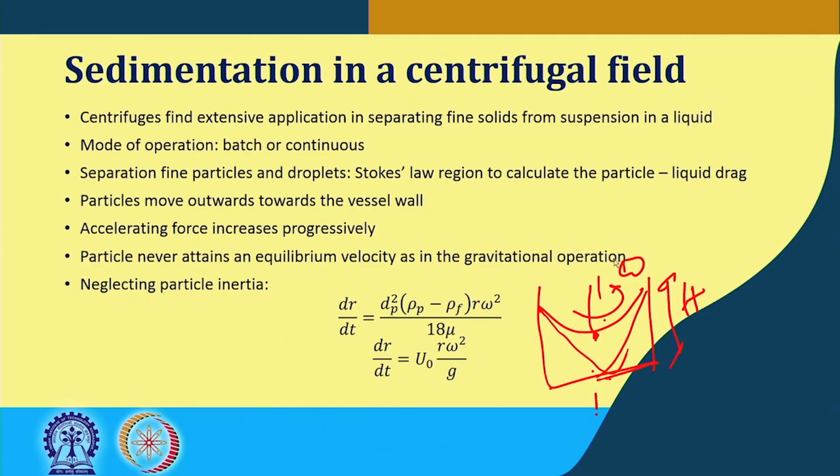So, what happens? The particles are then moved towards this vessel wall. The accelerating force increases progressively and particle never attains an equilibrium velocity, as that happens in case of gravitational operation.